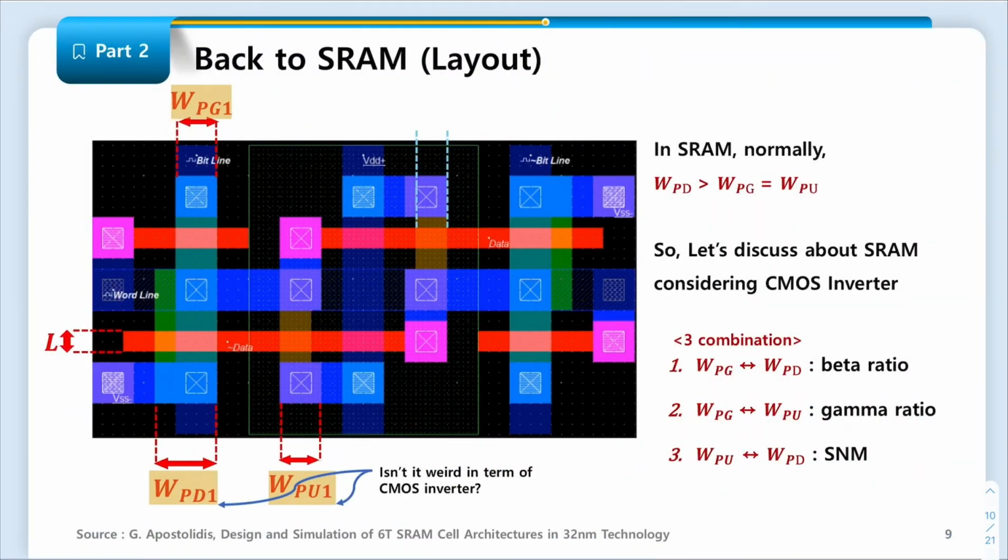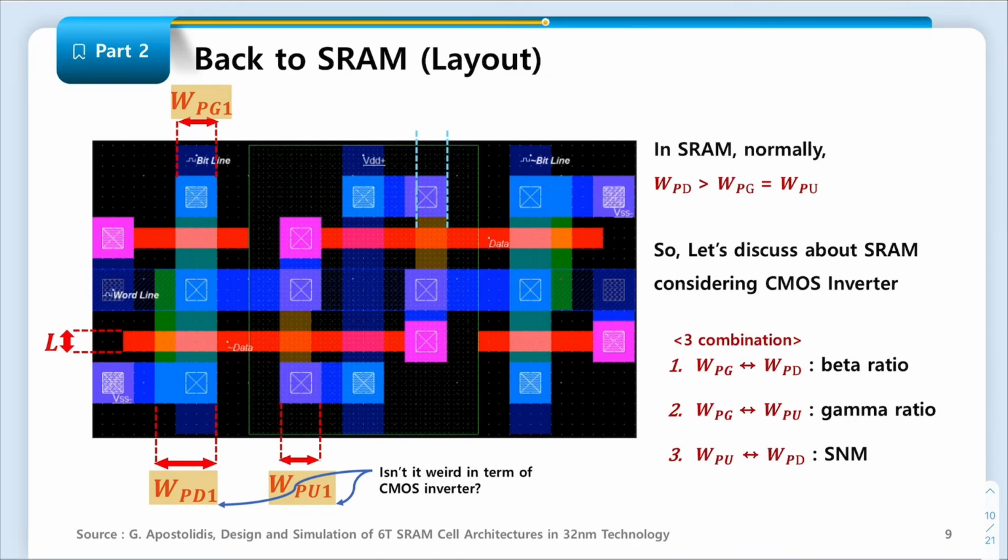Here is the SRAM device layout, and we can directly notice that there are some differences in the widths of the cascade, pull down, and pull up transistors. And also, in this case, it is very weird that the width of the pull down transistor is not smaller than the pull up transistor, if you remember the conventional CMOS inverter layout.